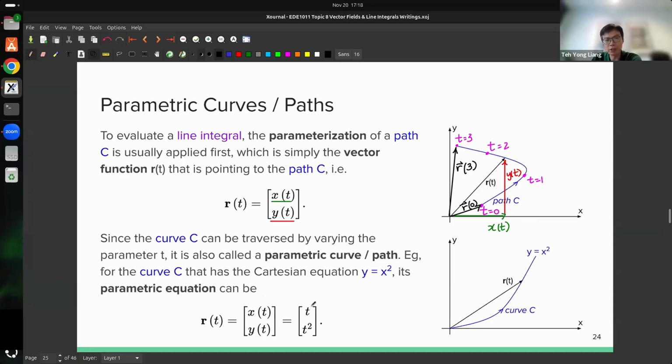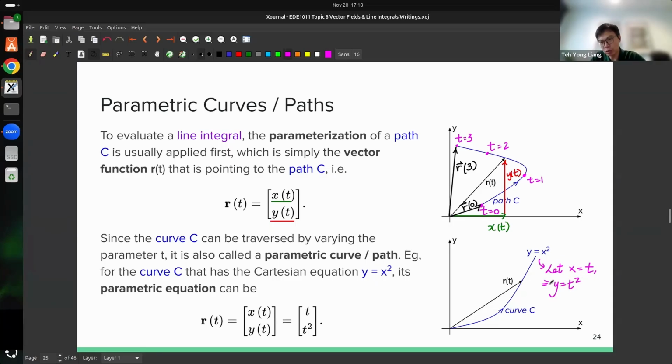That means I let x of t be t. If x is equal to t, but the path is y equals x squared, correct or not? If the path is y equals x squared and you let x equal t, then quite obviously y must be t squared.